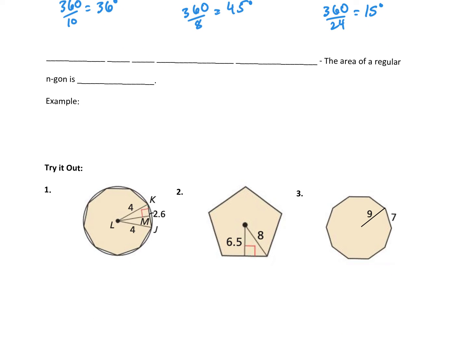Lastly, the last concept is the area of a regular polygon. And as you might remember, or hopefully not forget, every single side of a regular polygon is exactly the same. So the formula is 1/2 the apothem times the perimeter, or 1/2 the apothem times the number of sides times the S, which we call the base.